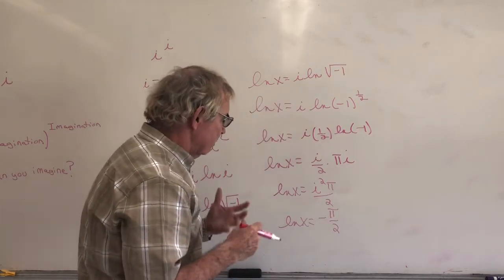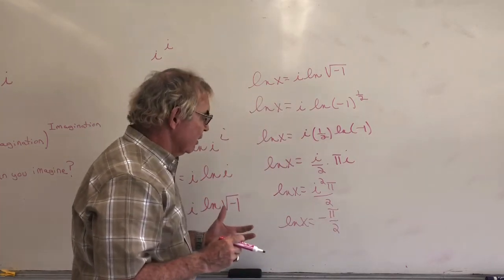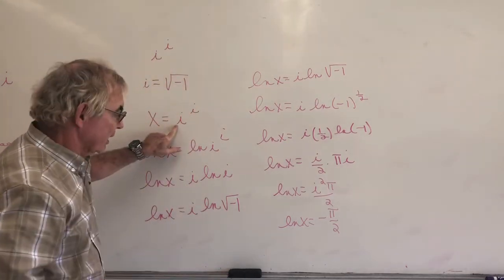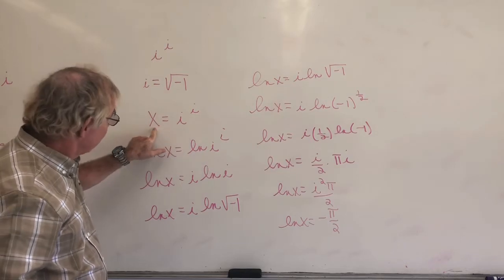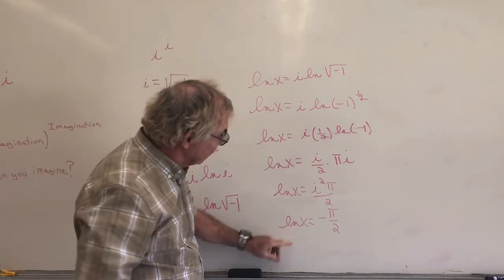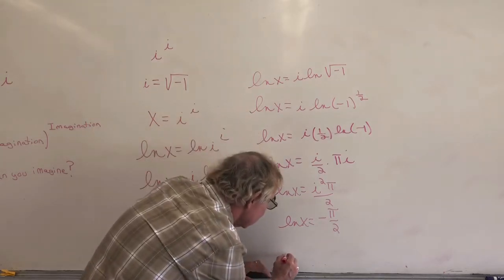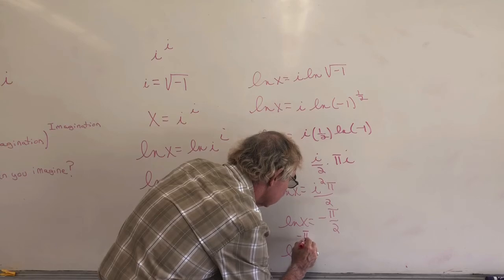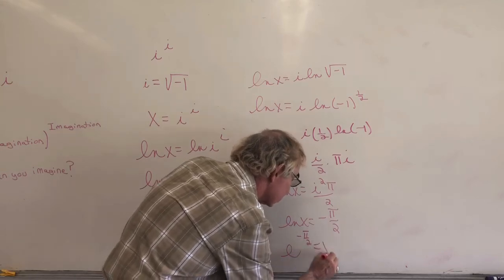So now remember, what were we trying to do? We were trying to find x. And this, remember, is ln x. So we need to find x. So the base of the natural log is e. So that means e to the negative pi over 2 is x.